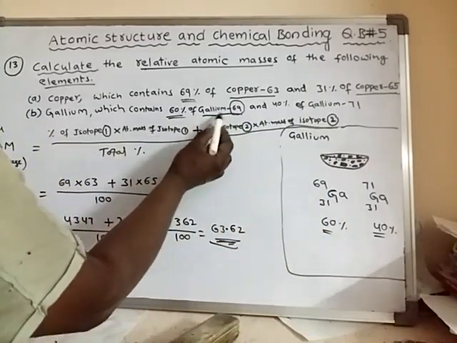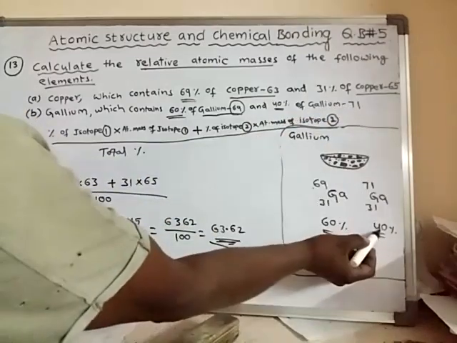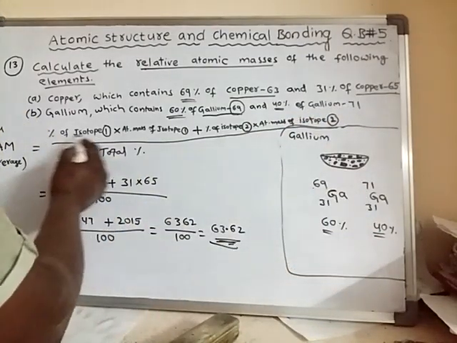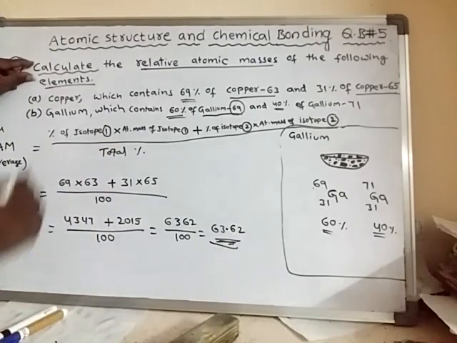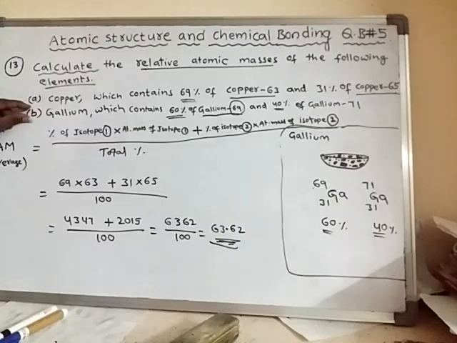So 60% of gallium 69 and 40% of gallium 71. Now we have to calculate the relative atomic mass of gallium. We apply the same formula, which can be used to find the relative atomic mass of any element.